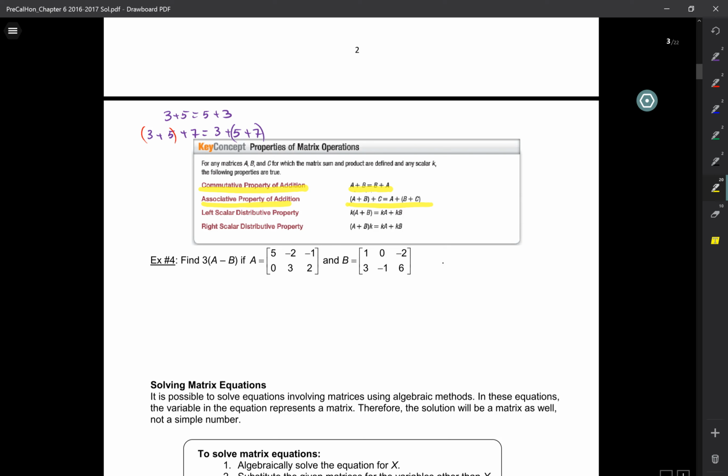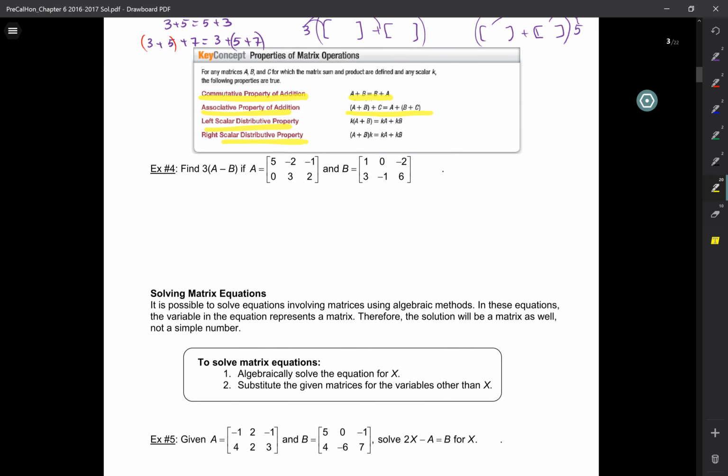So for example, if I have matrix A plus matrix B, and I have to multiply the whole thing by 3, I distribute to each one. Now, if I have matrix A and matrix B, and I have to multiply by a scalar that's on the right side, I can again distribute. So this is the left and right scalar distributive property.